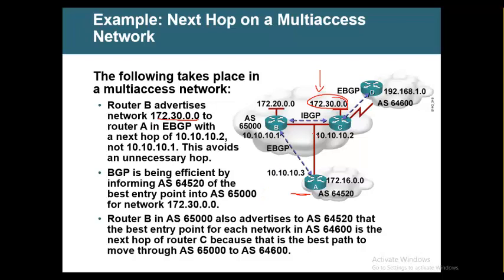There is no neighborship between C and A. There is no peering between C and A. The neighborship is between A and B, and between B and C. So whatever C advertises, B takes it and advertises it to A. When A receives, it will receive with next hop 10.10.10.2, not 10.10.10.1. You see the difference?